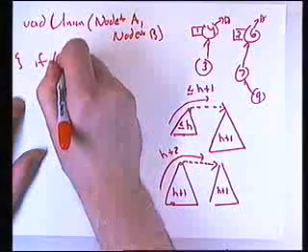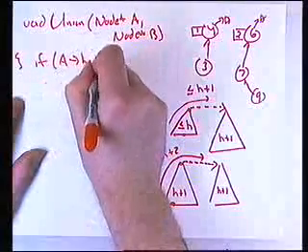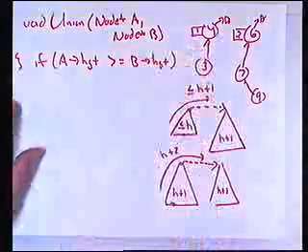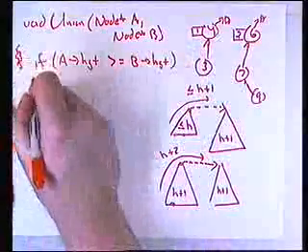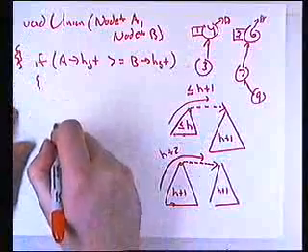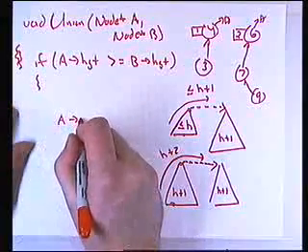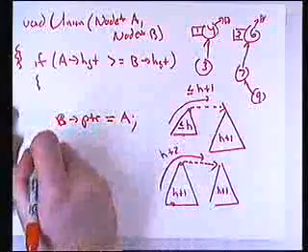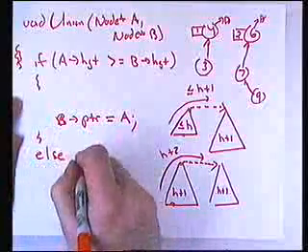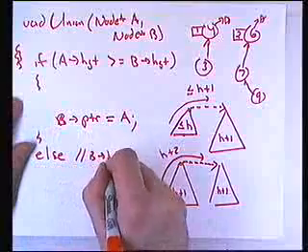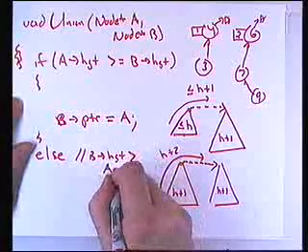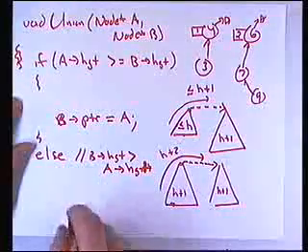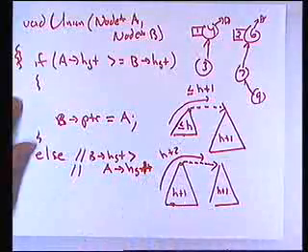I can start out by saying if it turns out that A height is greater than or equal to B height, then that case here will eventually end in saying, I should say B pointer is equal to A. And if it's not the case, if it turns out that B height is greater than the A height, should have got a flub there on the slide.